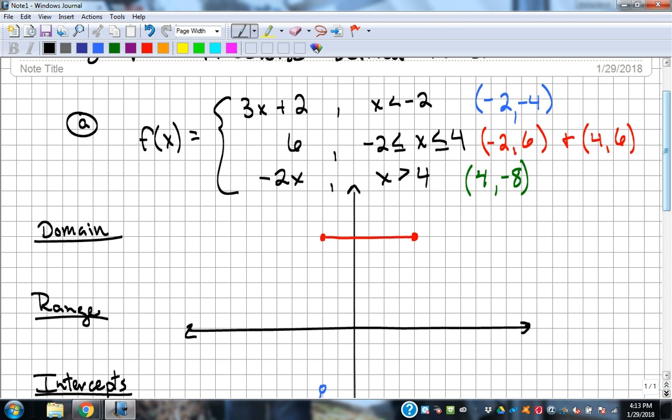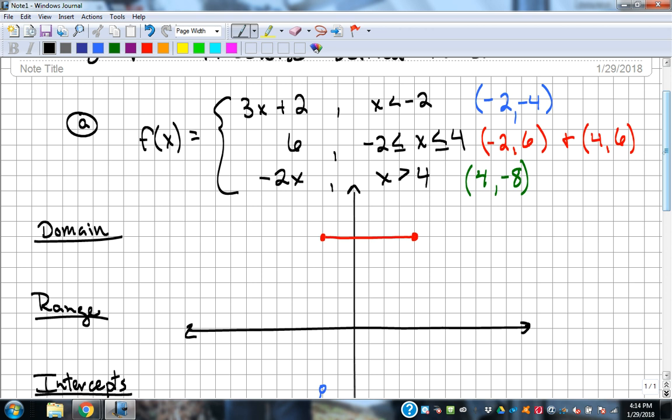So far we're going all the way from negative infinity, including negative 2, and then this tells us to keep going until we get to 4. And then at 4, is 4 included right here? Yeah, it's got an equal to mark, so it's included. So far we're all the way from negative infinity up to 4, including 4. 4 is included on this one, but is it included on this one?